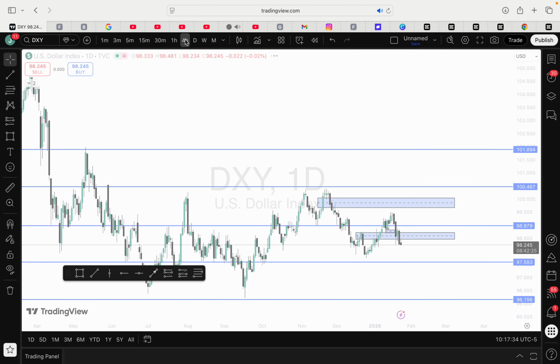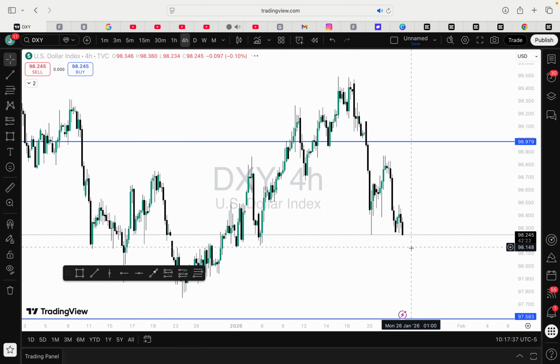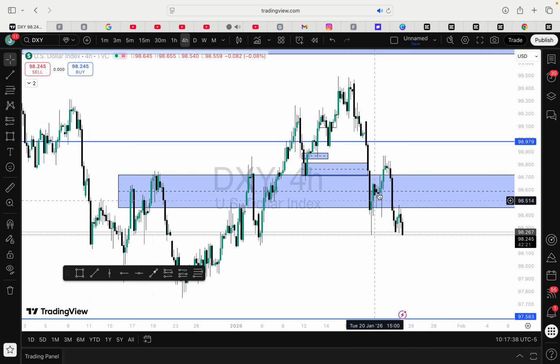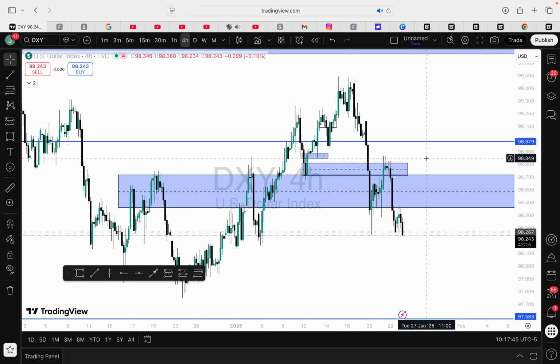That breaker is what affected it at this side. It went to this area, swept this area, so I can also catch it there, then came back to this area, then it's going back below.